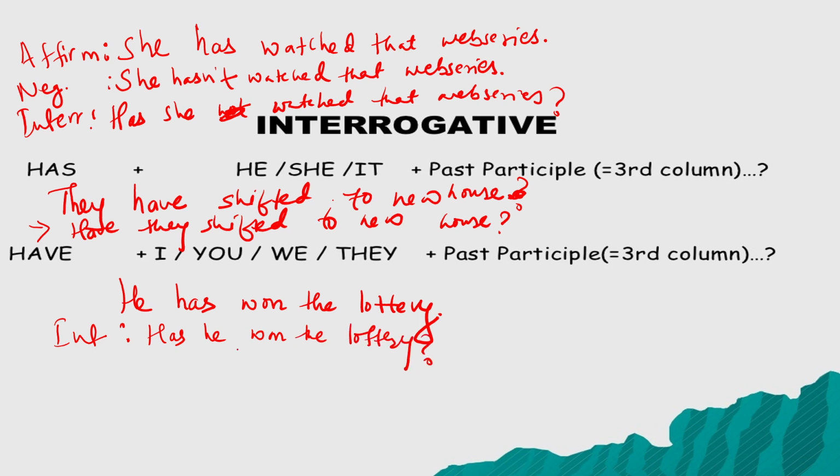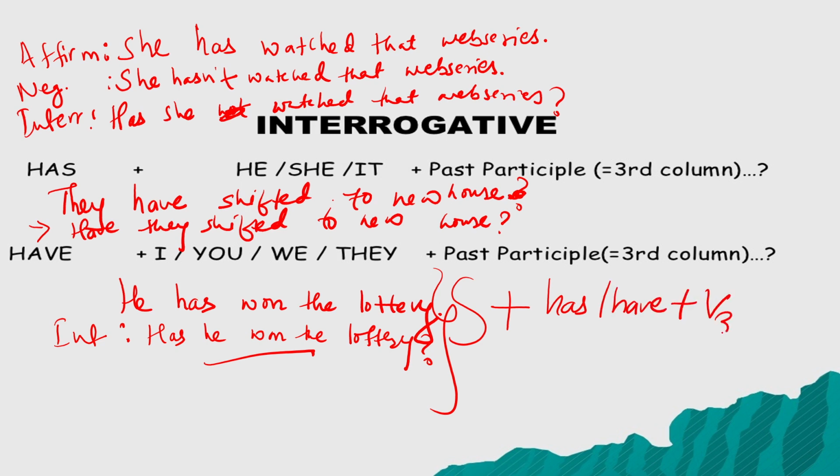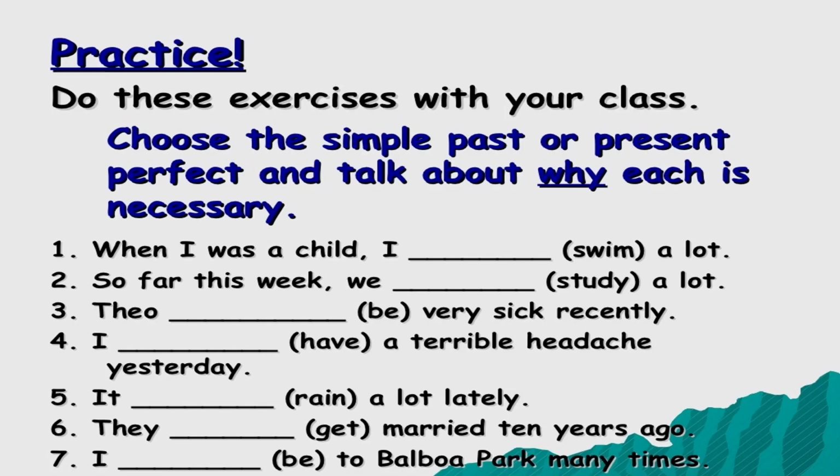Has he won the lottery? So this is the thing, my dear students. So again, don't be confused. The structure of present perfect, affirmative structure is subject, then has or have, and then past participle of action verb.